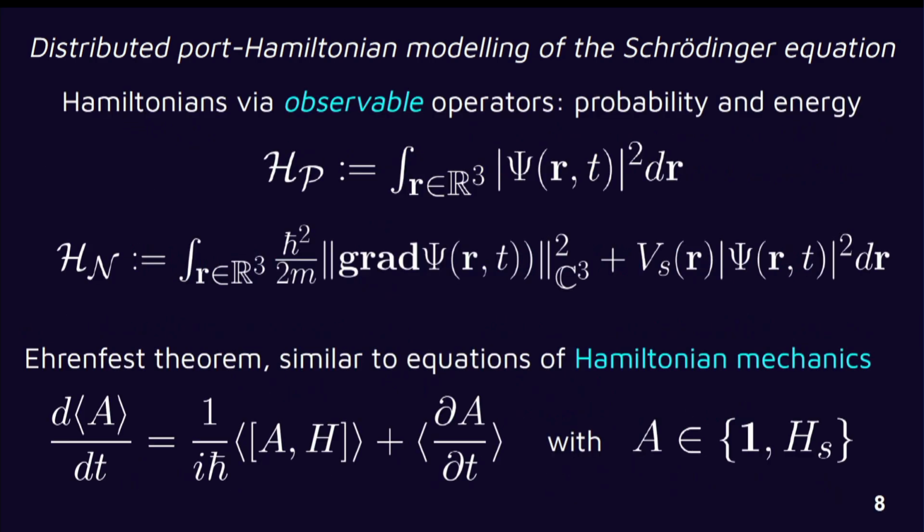Using this, we suggest two possible Hamiltonians. The first one is based on the probability of presence, and the second one on the energy.